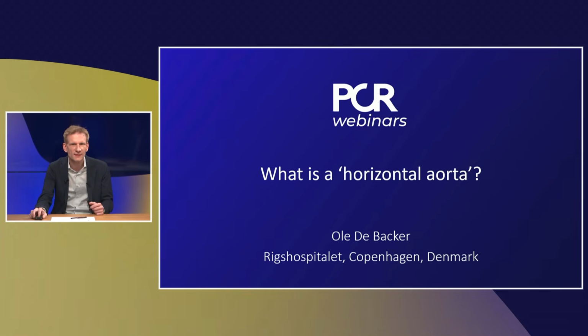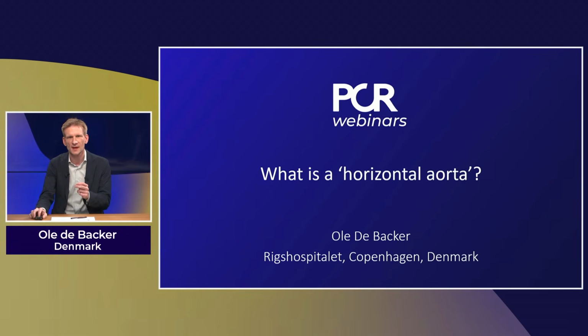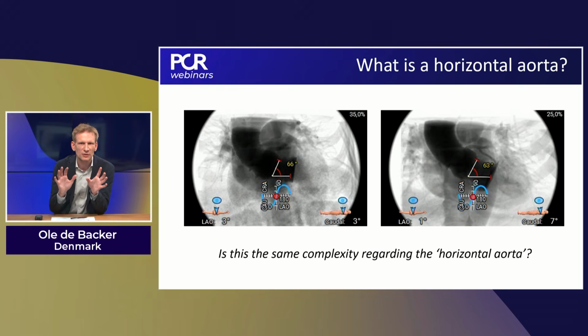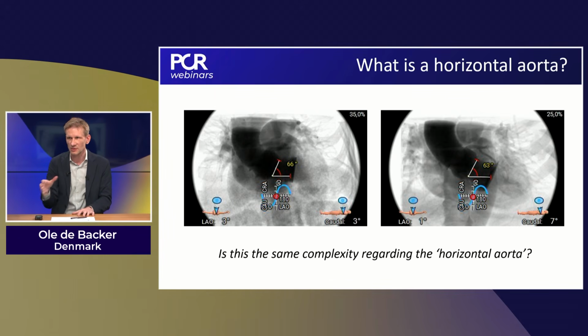But you touch on the horizontal aorta, and I want to crack that discussion a little bit open, because we use the terminology horizontal aorta here and there, and do we really mean the same? Look, these are two different cases which we treated in Copenhagen over the last couple of weeks and months. First of all, how do you measure the angle?